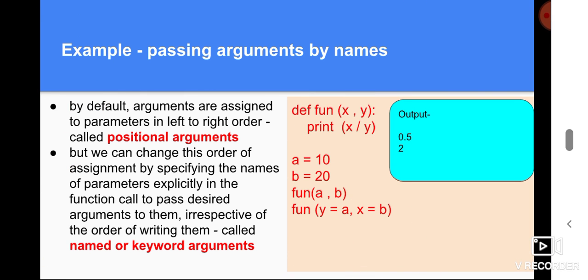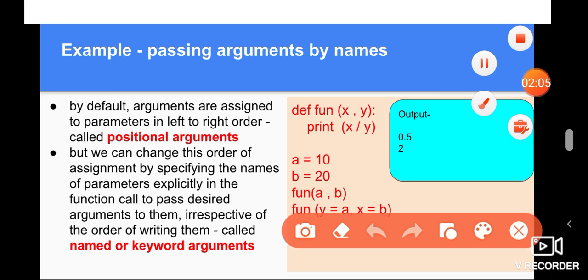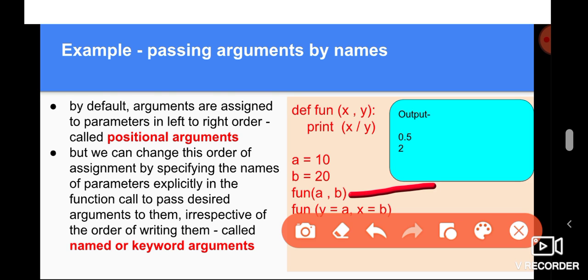Now we see an example of named or keyword arguments, and we also discuss what positional arguments are. This is the main program. The first three statements are a equal to 10, b equal to 20, and fun(a, b). Ignore the fourth statement for now.